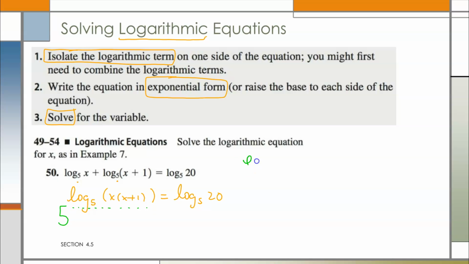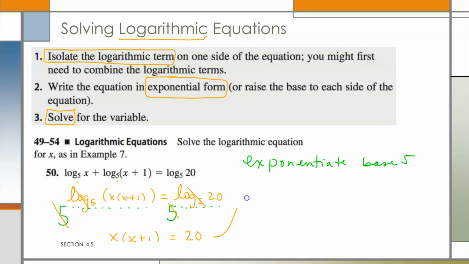We exponentiate base 5, so this becomes the exponent. Why did we want to do that? Well, exponential base 5 and log base 5 are inverse functions, so those cancel one another out.